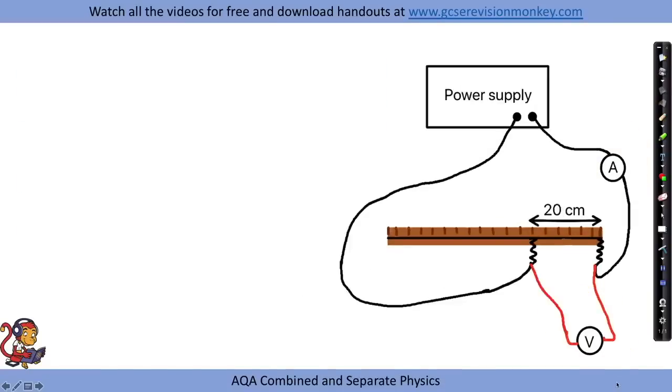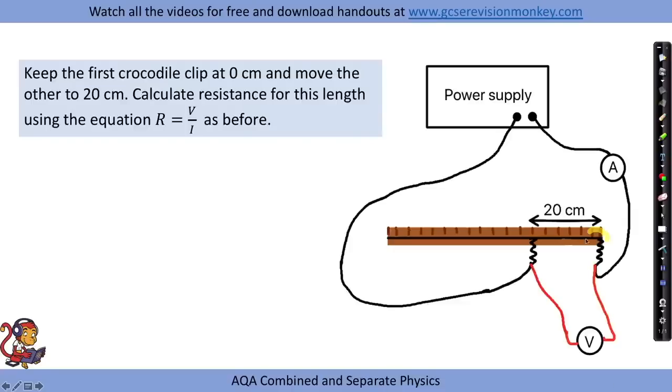To change the length of wire we are measuring, we'll keep the first crocodile clip at 0 and move the other one to 20 centimeters. And then we will repeat as before, taking the readings for current and potential difference and using the equation R equals V divided by I.